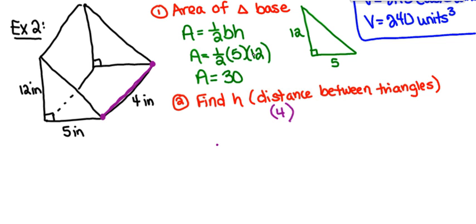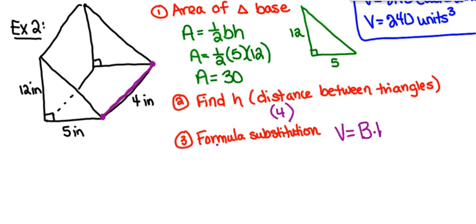And now I'm going to substitute into the formula. So the formula says volume is equal to area of the base, or big B, times the height.